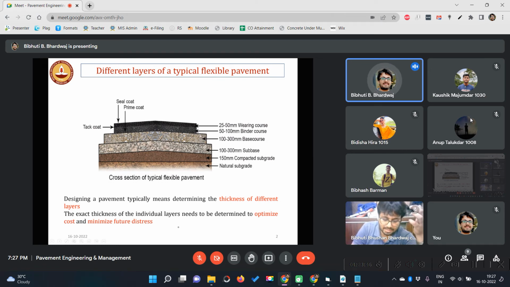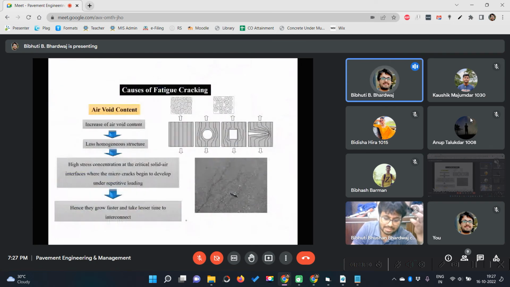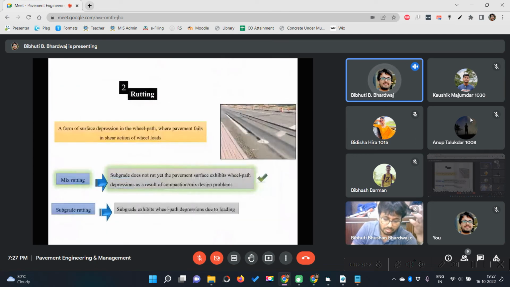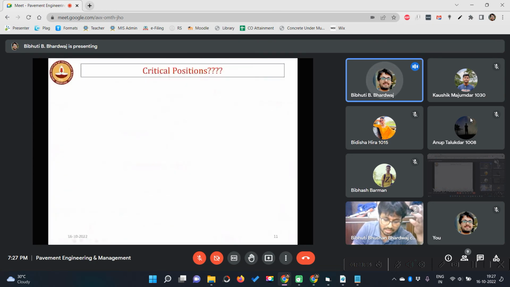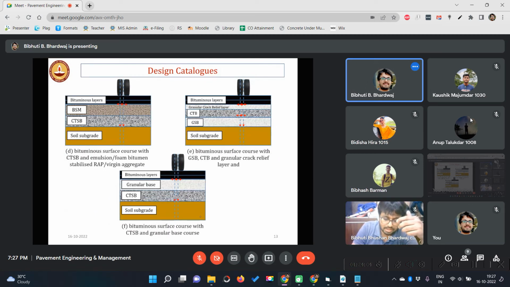So we learned fatigue cracking, we learned rutting, what is rutting, why it happens. We learned the critical positions, right? So we learned about different catalogs, which catalog to use, then what are the critical points in different catalogs.